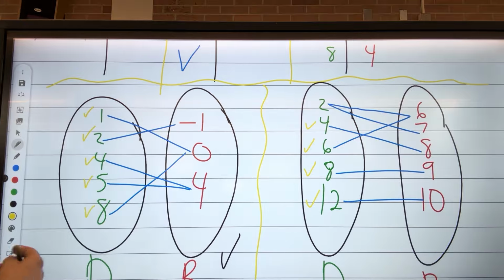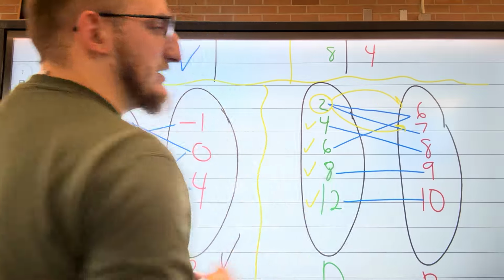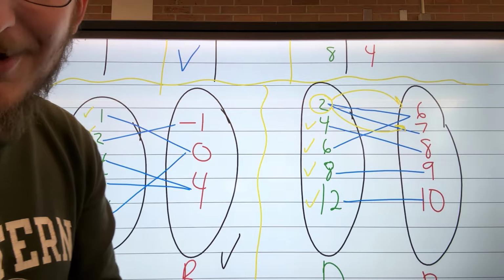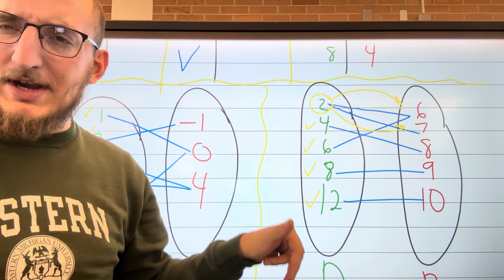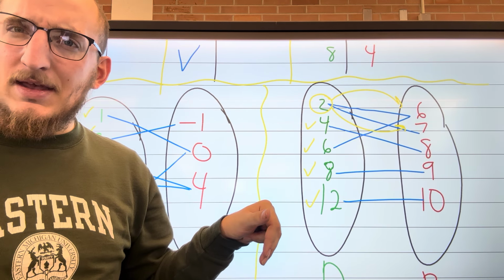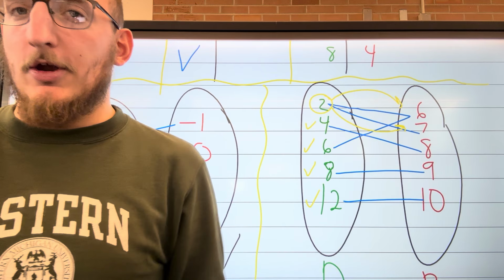But when we look at 2, one input takes you to both 6 and 7. That was a bad choice of words, but when you put one input in, you don't know which road you're going down, right? You need to know functionally which way we go from here.